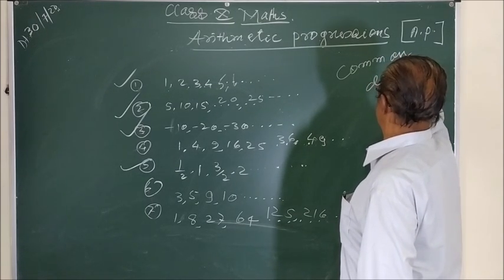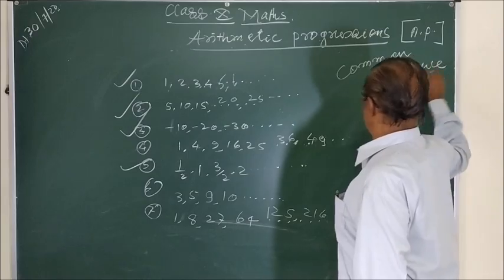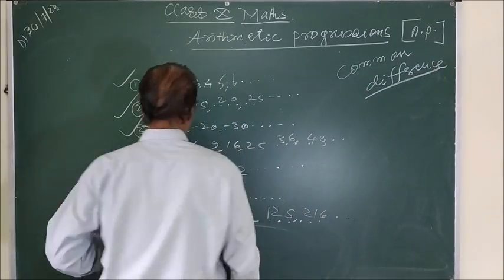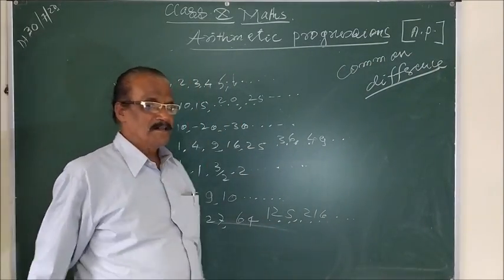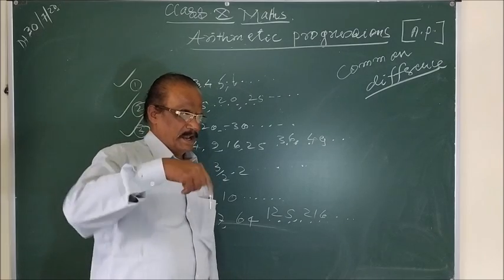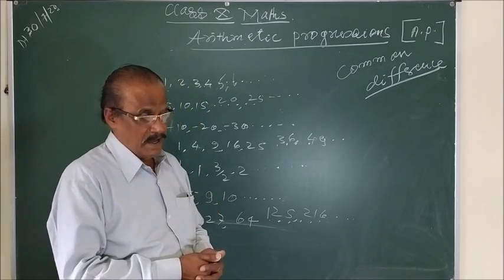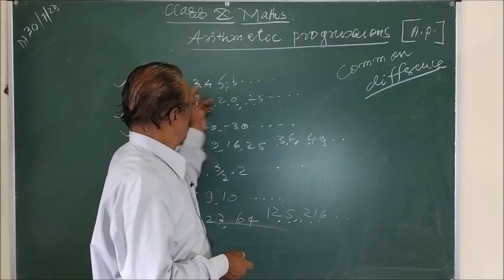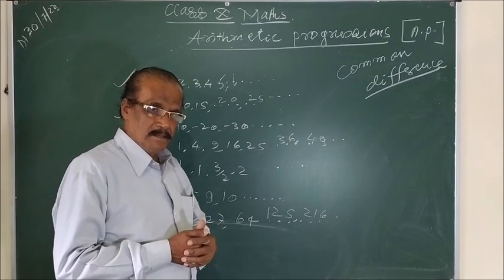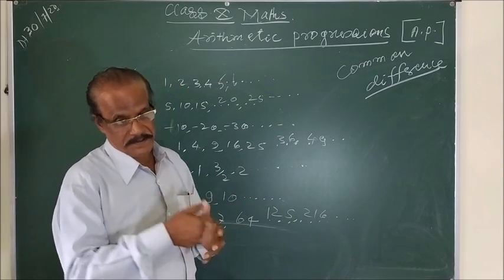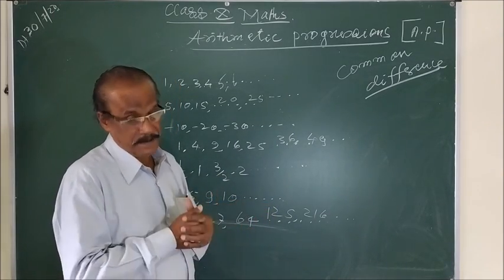The common difference is the fixed number by which a number of the list and number of the group increase or decrease by that number.